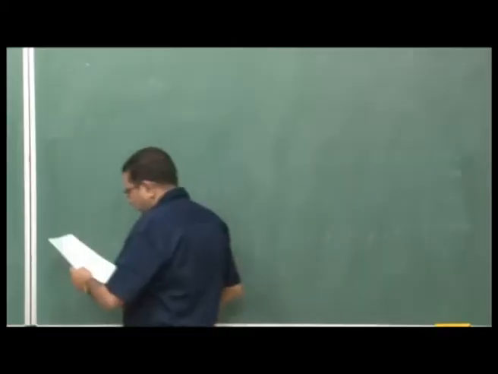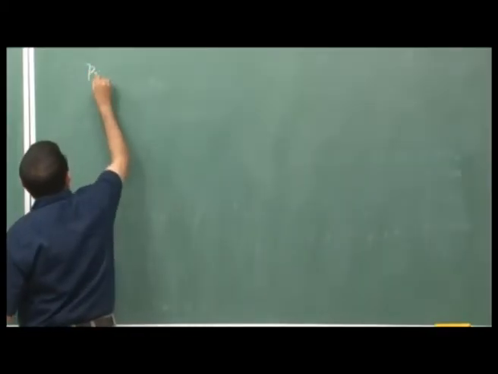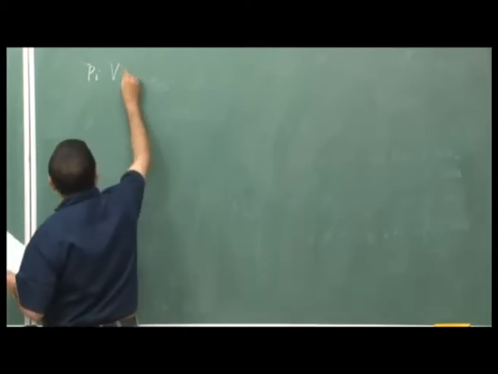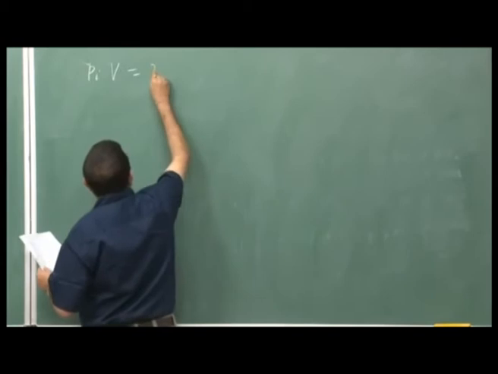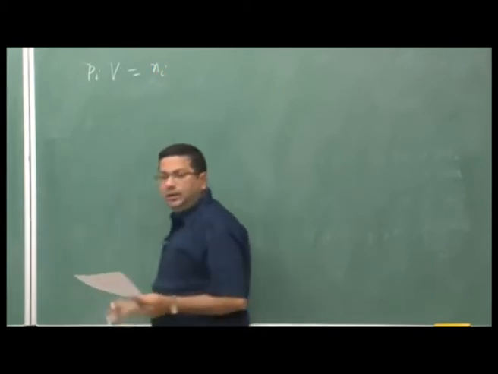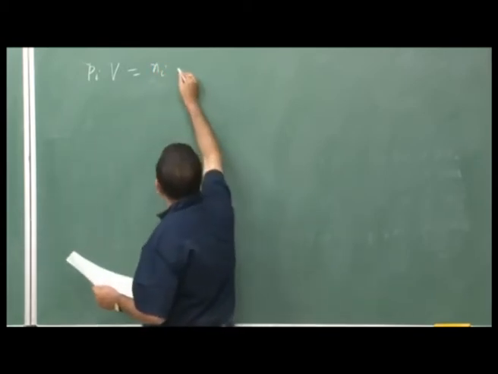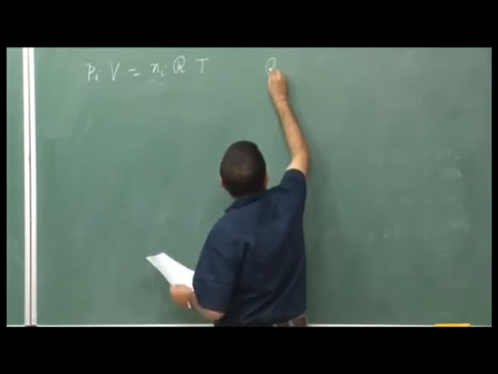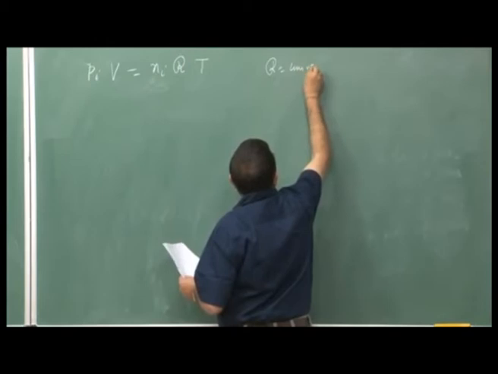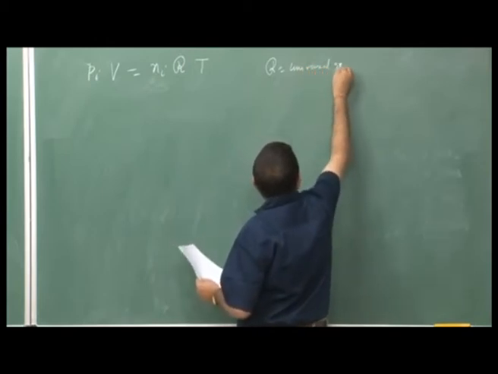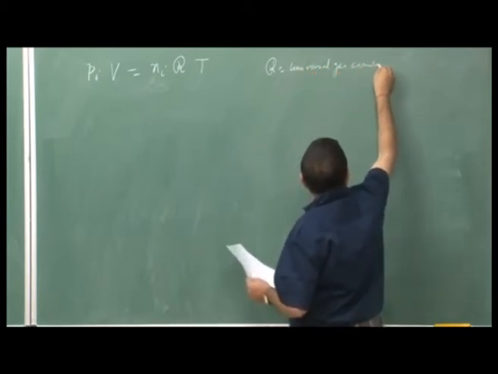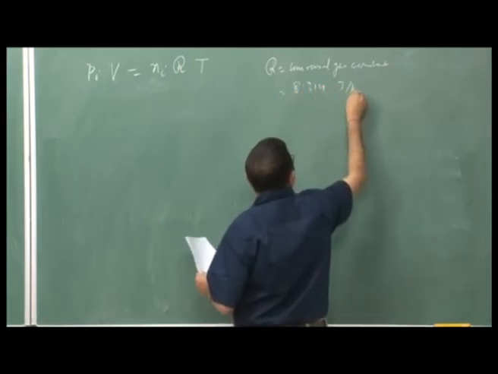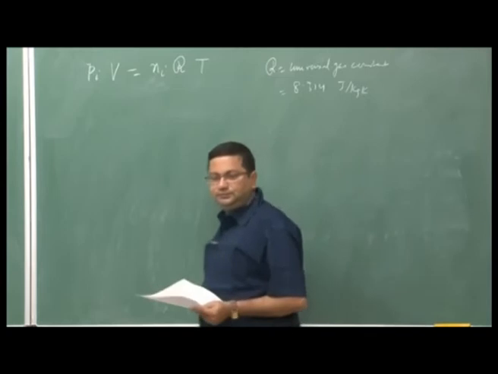From Dalton's law of partial pressure, the partial pressure of species i, Pi, times volume is equal to the number of moles of species i times the universal gas constant times temperature, where R is our universal gas constant, which is equal to 8.314 kilojoules per kmol Kelvin. Right?